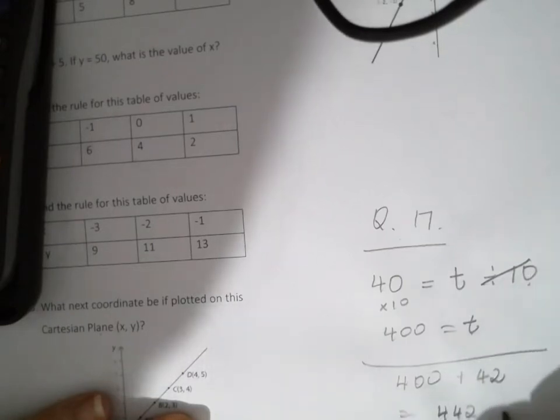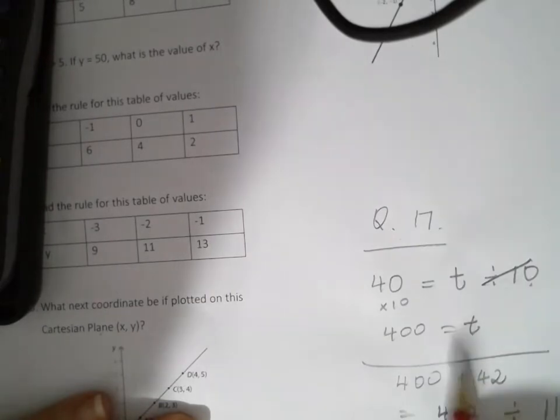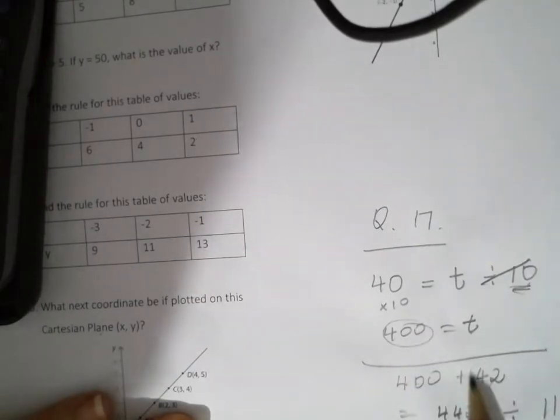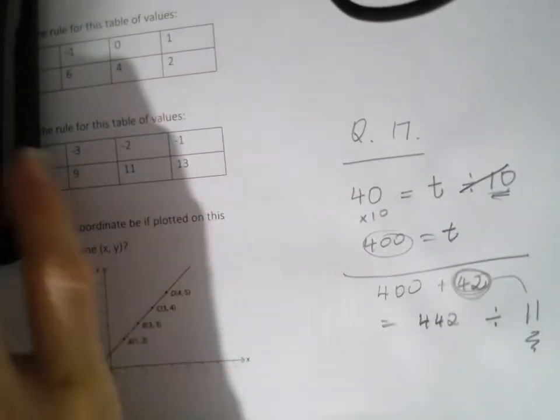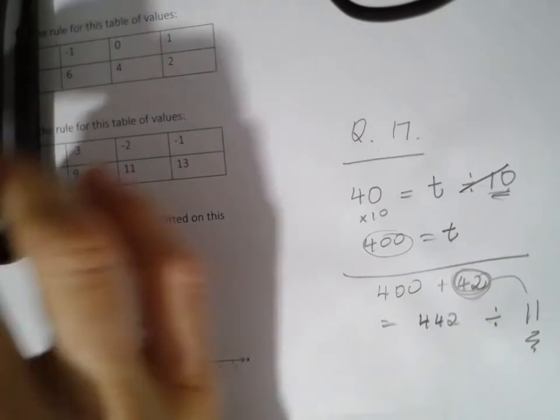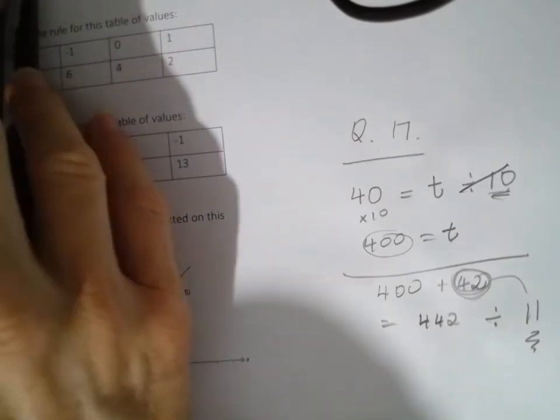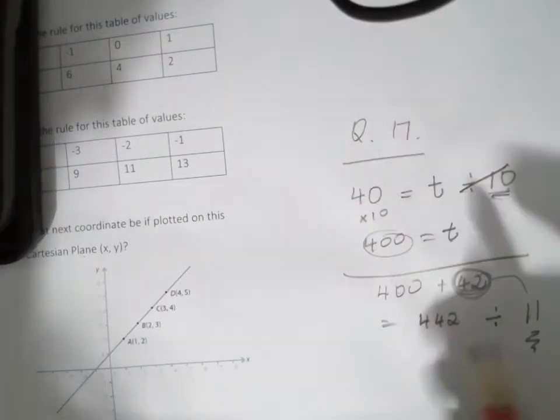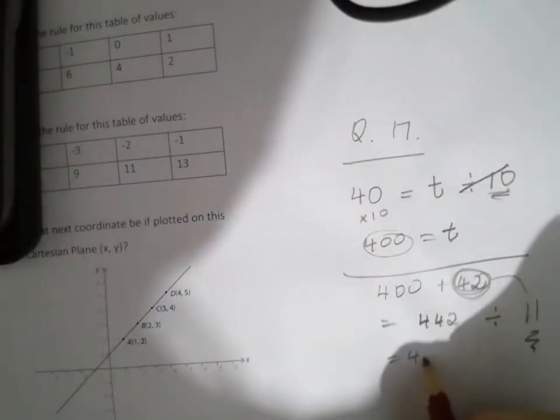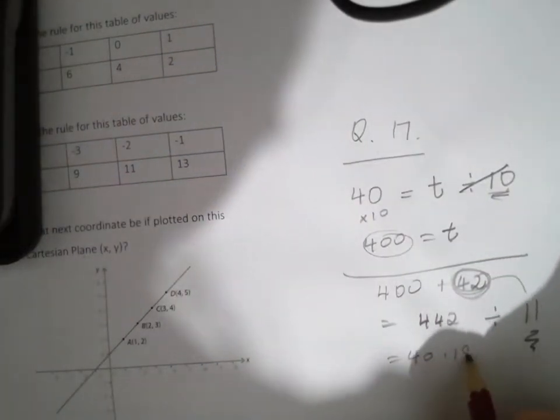But now we're going to find a new mean by dividing it by 11 instead, because this was the total for 10 values. An 11th value was added, so therefore we have to divide by 11. So 442 divided by 11, I think it's going to be a decimal, but that's okay, is 40.18.